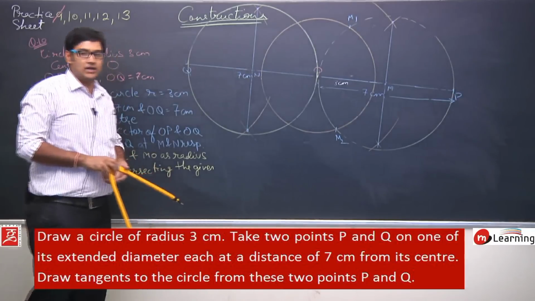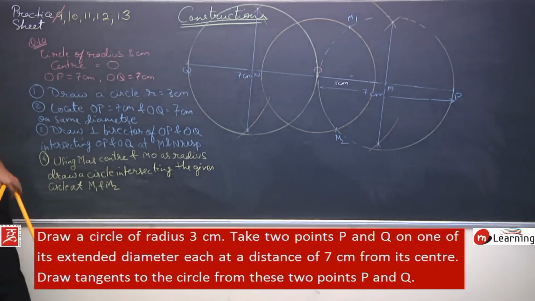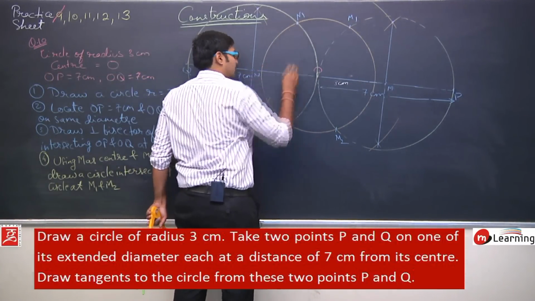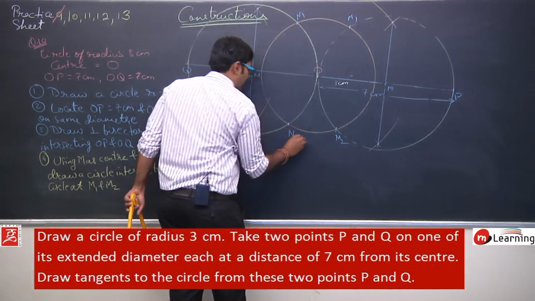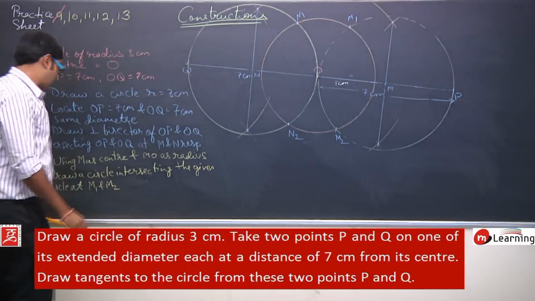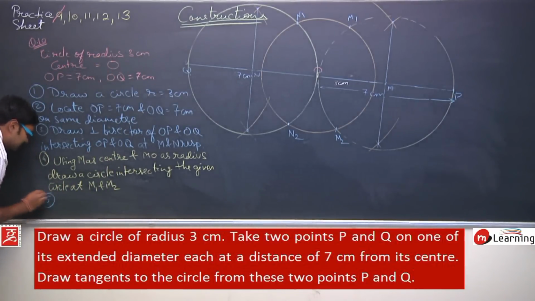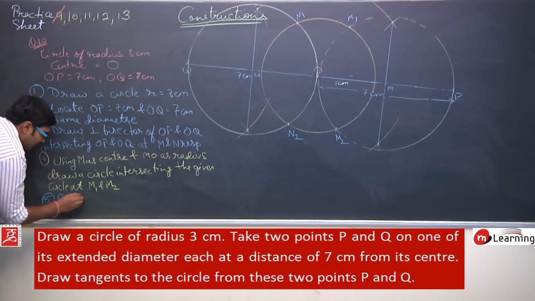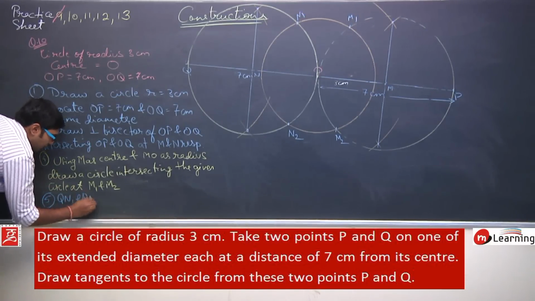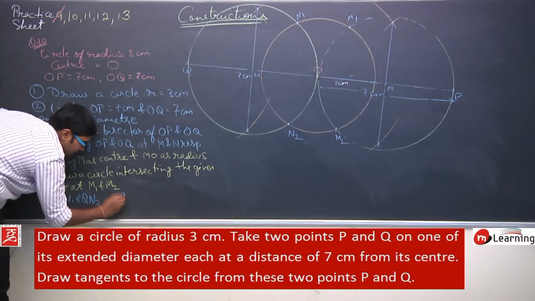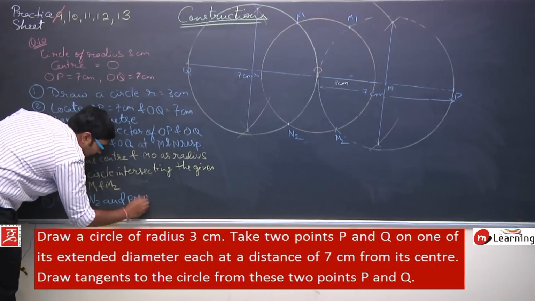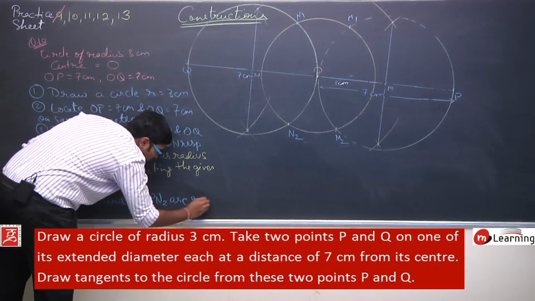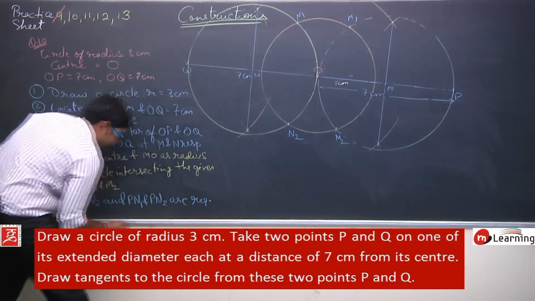Like this I can draw a circle, and let us say this circle is intersecting this given circle at point N1 and N2. Now, the fifth step is QN1 and QN2, and PM1 and PM2 are the required tangents.